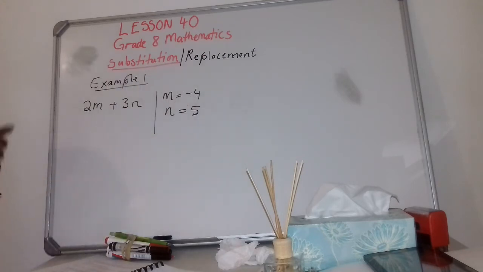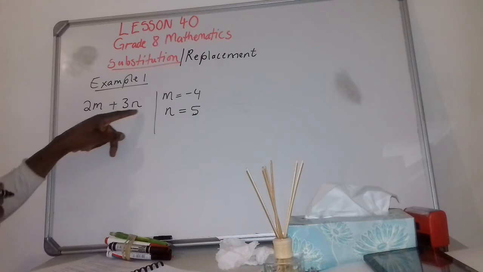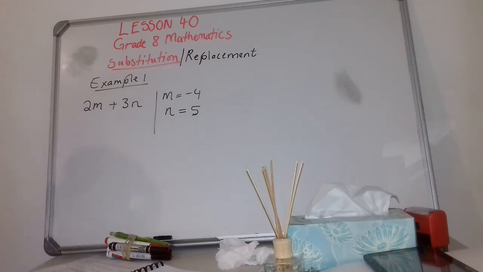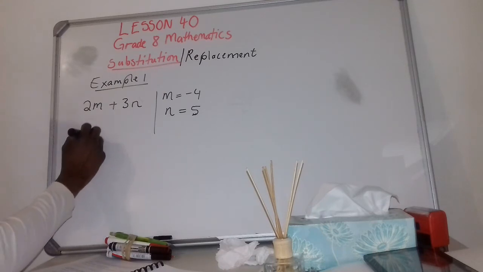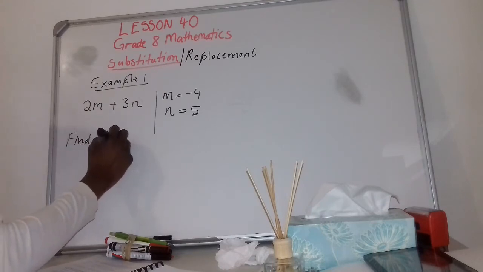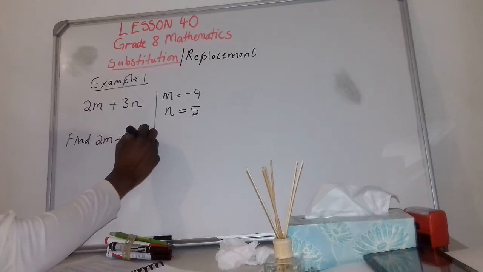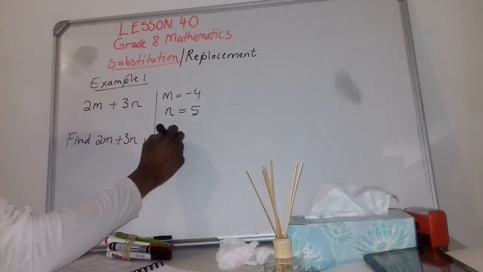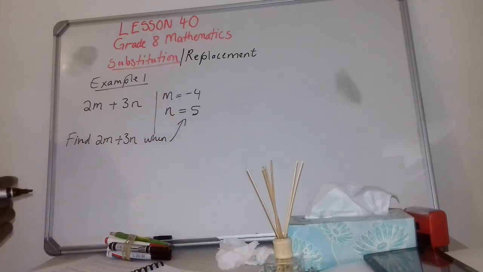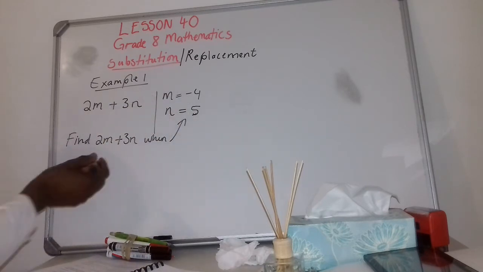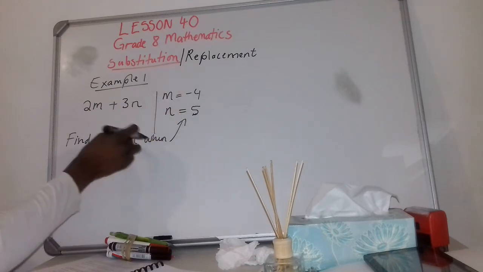You should now substitute these values in the expression. The question will be, find 2 times m plus 3 times n when m is equal to -4, n is equal to positive 5. So what do you do? You just substitute these numbers in the expression.